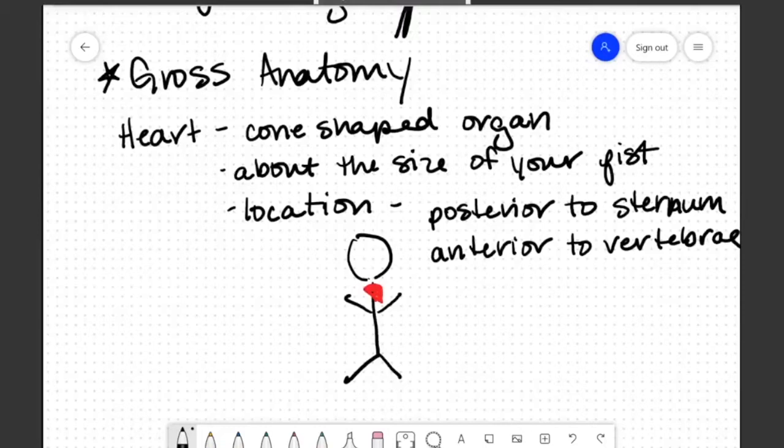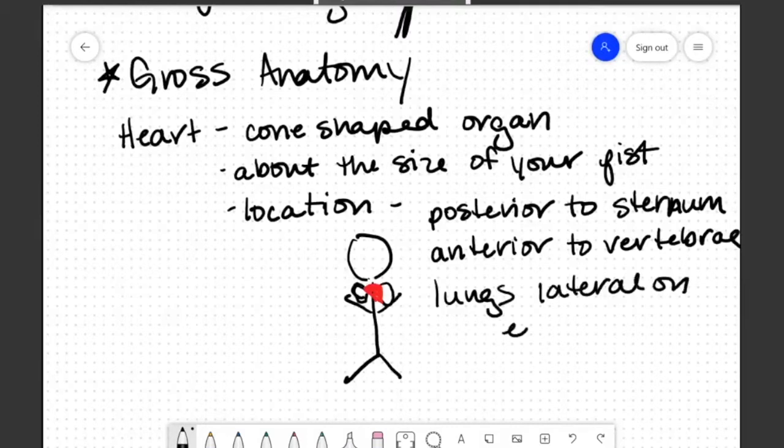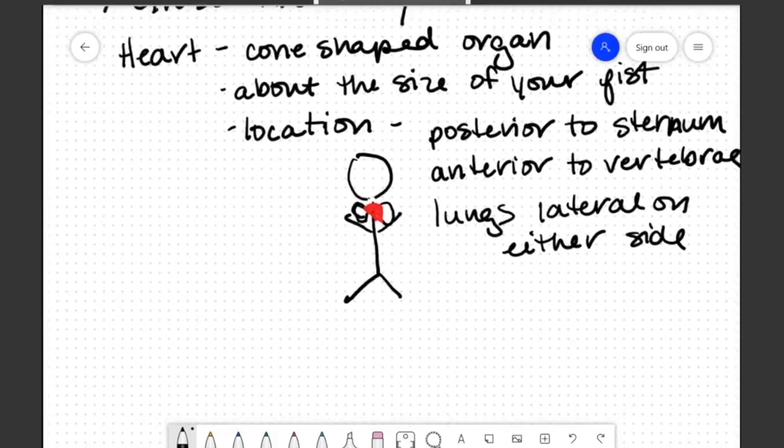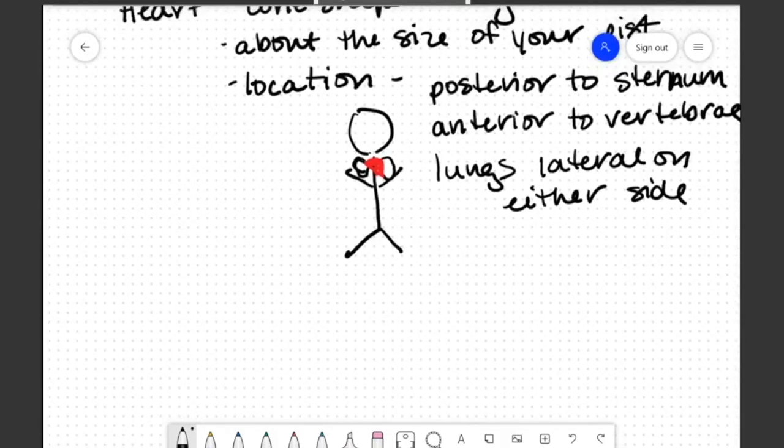So we will have our lung here and our lung here. So posterior to the sternum, anterior to the vertebrae, and the lungs will be lateral on either side. So that's where it sits in your body and how it works in relation to your lungs and your vertebral column.